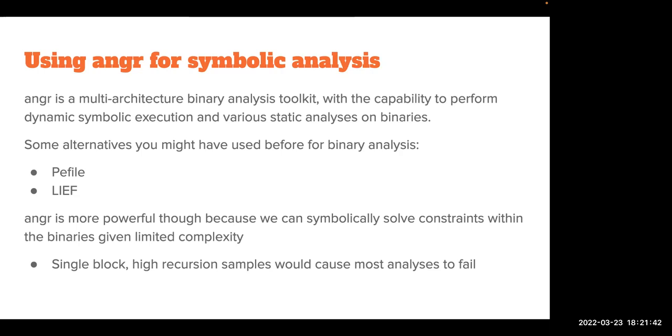The limitation for Angr is that if you have a single block and you're recursively referencing it, because what Angr does is it goes from block to the next block to the next block until it reaches that terminating block within that path. So if you have something that's just going to keep going recursively in a loop, it's kind of like if you write a program where while 1 equals 1, do this, you're just endlessly going down.